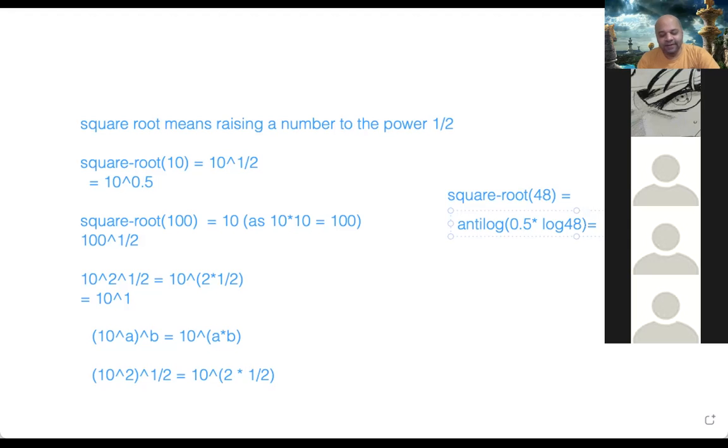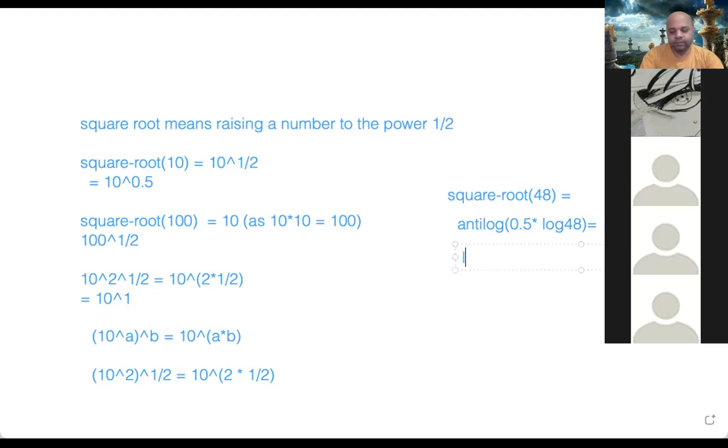That gives us the square root. We'll just do it. 48 is 4.8 into 10, right? 4.8 into 10 raised to 1 means 1 point something. So let us look at it.